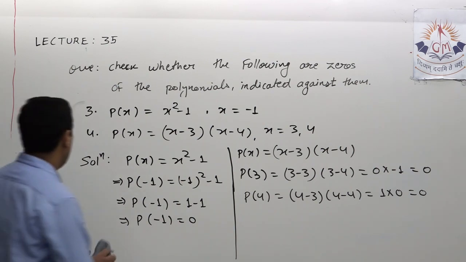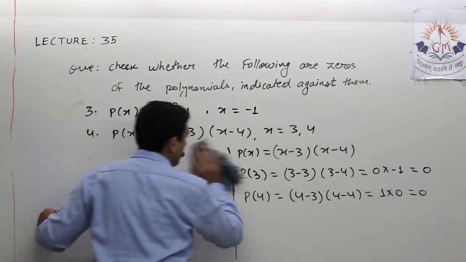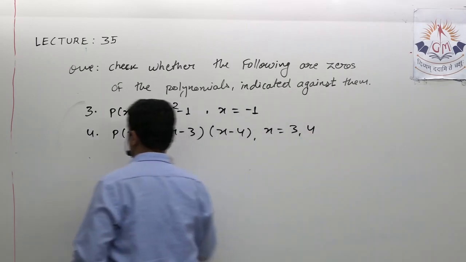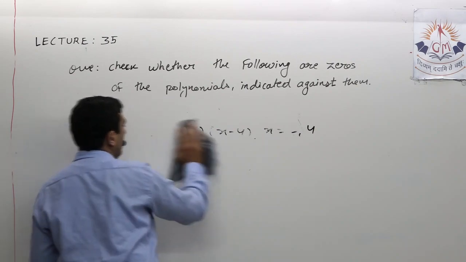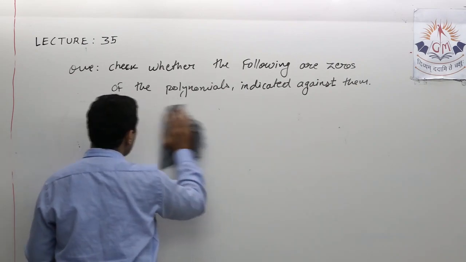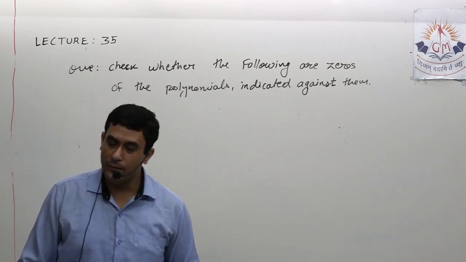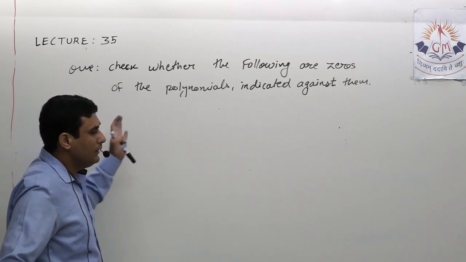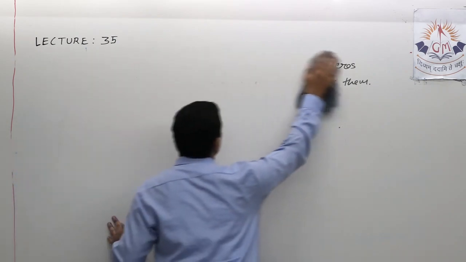Okay, now let us see the next concept, next question. Here we check whether the given value is the 0 of the given polynomial or not, and that I did by just finding the value of the polynomial at the given value of x.